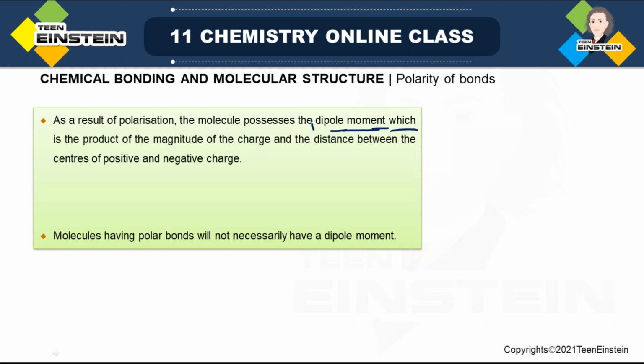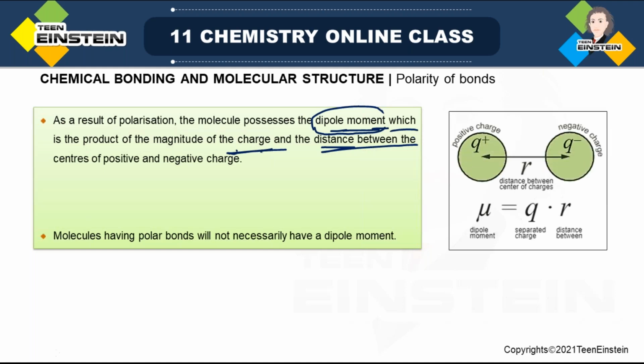It is the product of the magnitude of the charge, the charge that is developed over the two atoms, and also you have to consider the distance between the two atoms, that is, between the center of positive charge and negative charge. When you take the product of the magnitude of the charge and the distance, we get the dipole moment. That is the definition of dipole moment.